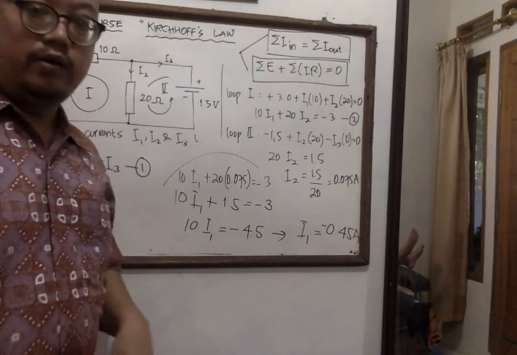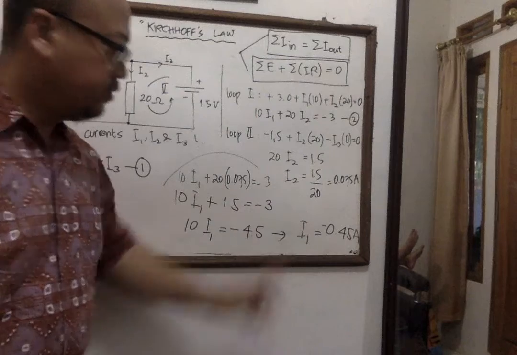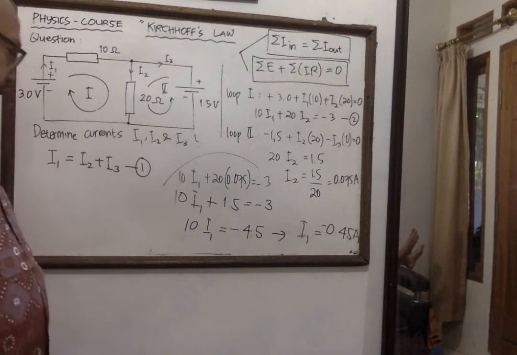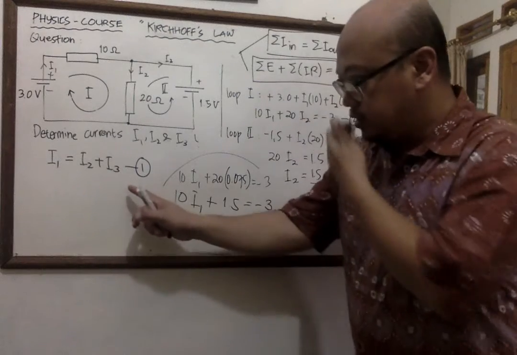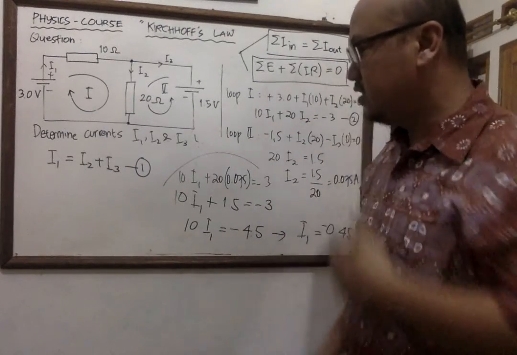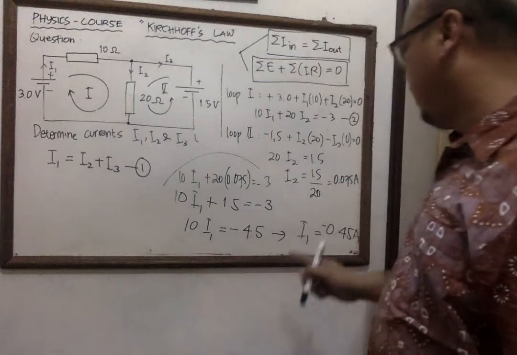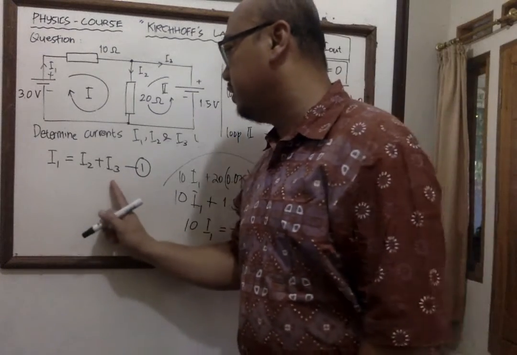Okay, we have I1 and I2. So what about I3? It comes from the equation I1 equals I2 plus I3.